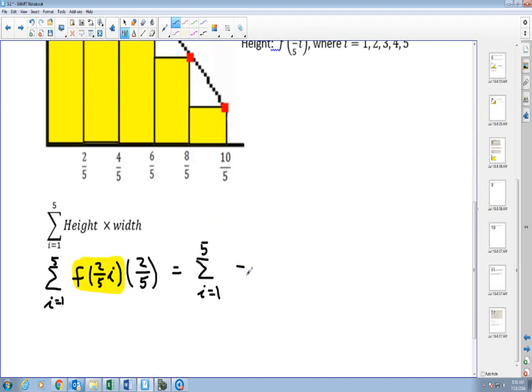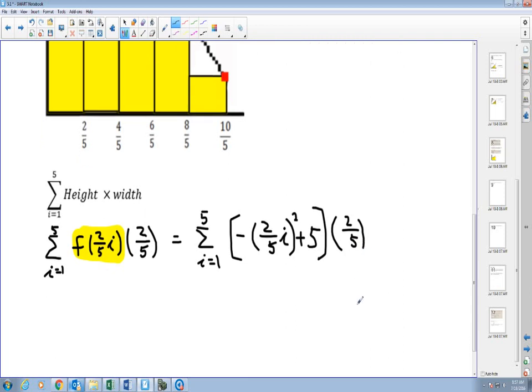So that will be negative 2 over 5i, squared, plus 5. So this whole part is my function. I'm going to put it in the bracket because don't forget I have to multiply by the width of all the rectangles.